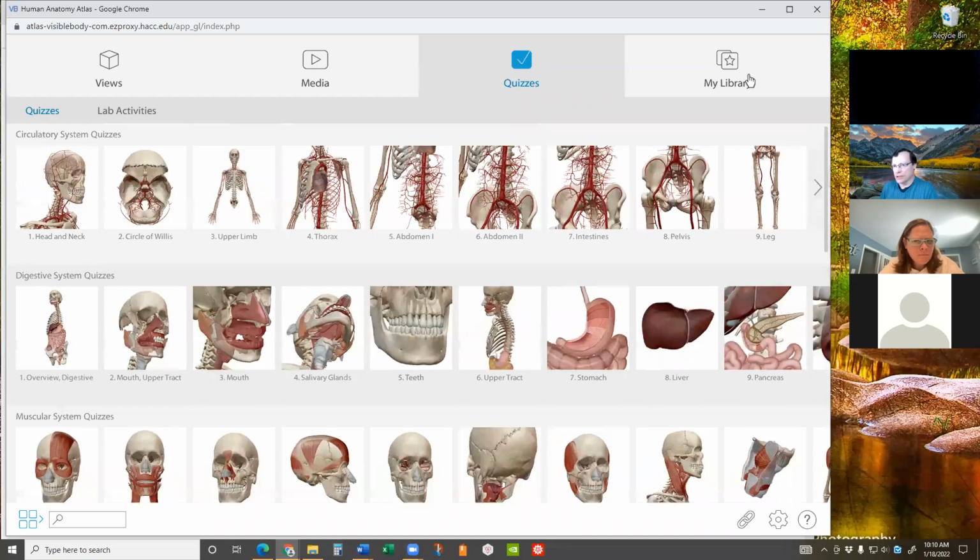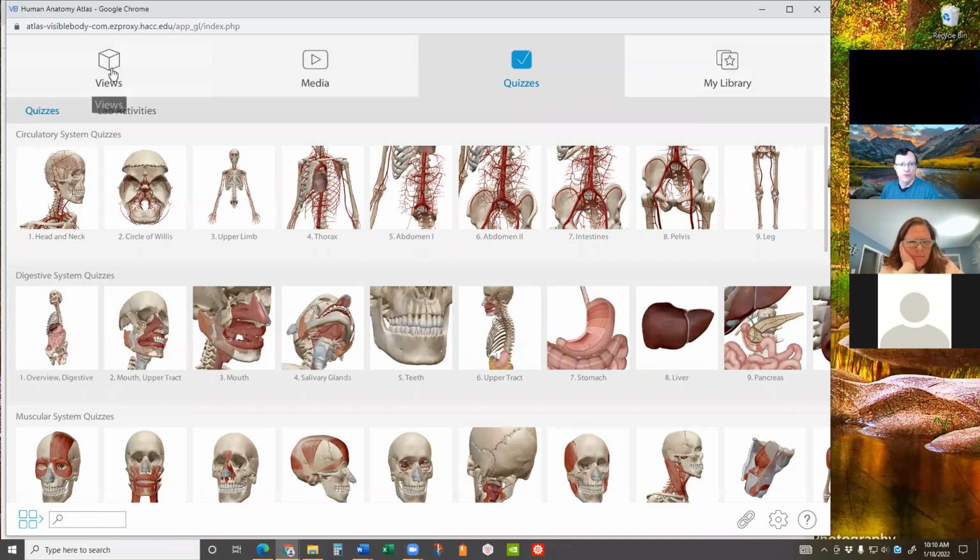And then there is a section called My Library, where after you create a Visible Body account, you can annotate your own images and save your images to the cloud, and you can study that way. I'll show you more about that later, okay?